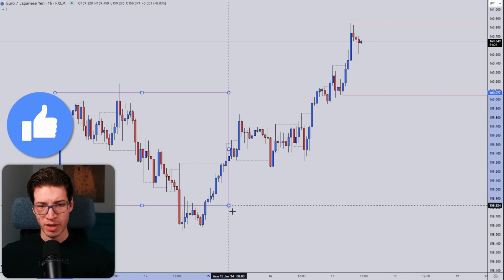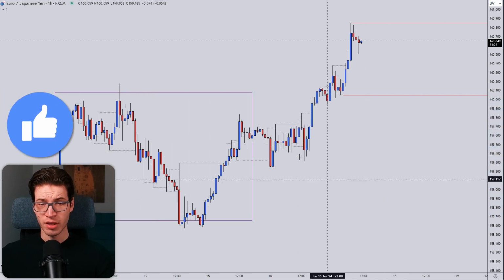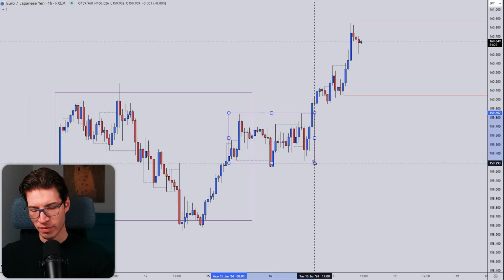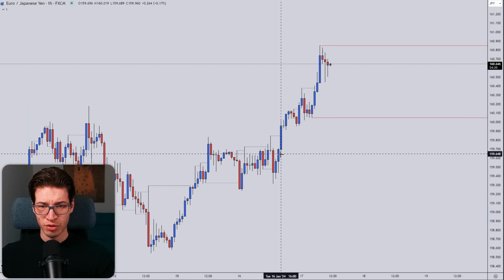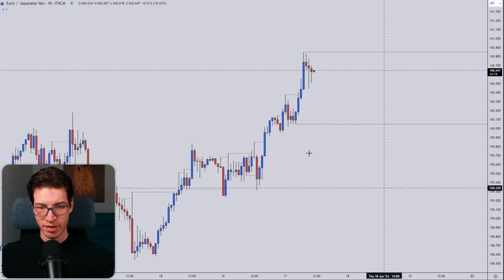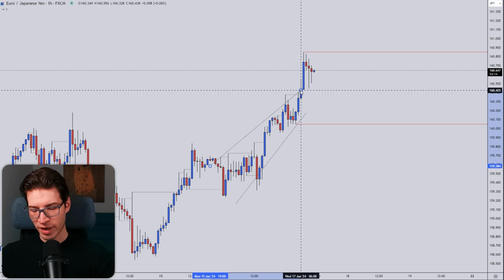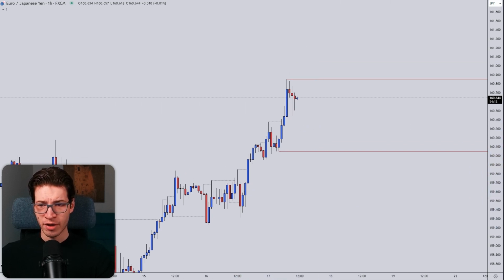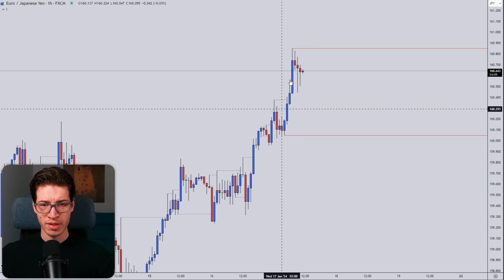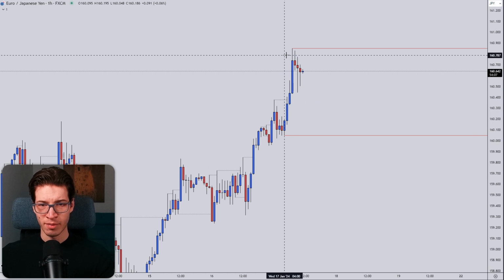So this was range bound. Nothing really interested me. This was flat and range bound as well. And then we started pushing to the upside a bit in this corrective ascending structure right here.